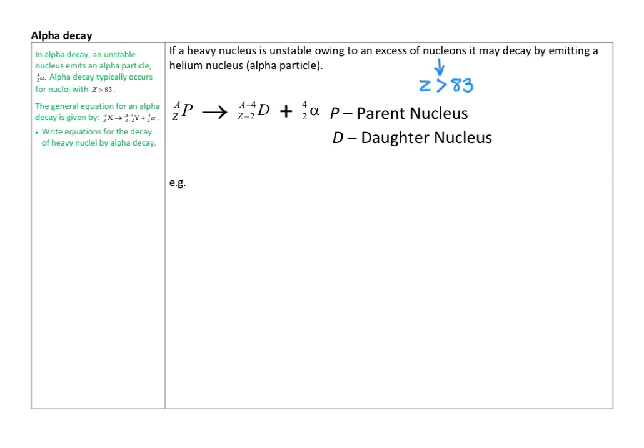This is the helium nucleus here, and you can see it has an atomic number of 2, so it has 2 protons, and a mass number of 4, so it must have 2 protons and 2 neutrons.